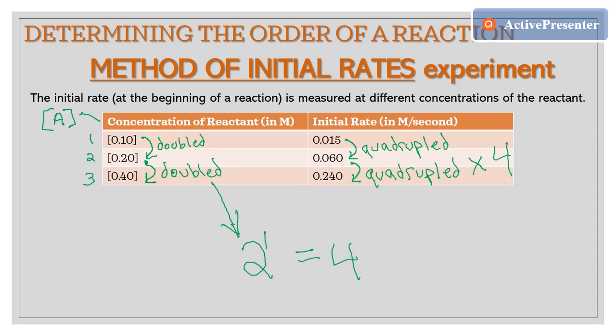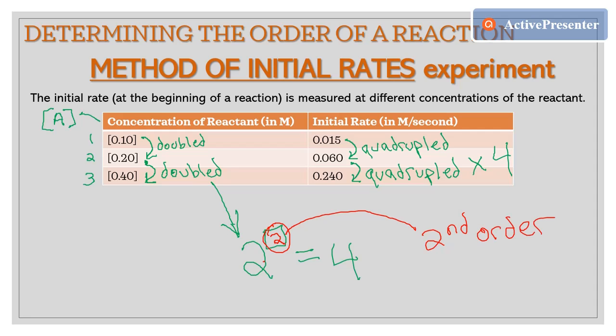We need to find out what exponent we should write right here to make this math problem correct. And the answer is 2. If you take 2 squared, you're going to equal 4. So since this exponent has to be 2, that means it's going to be second order.